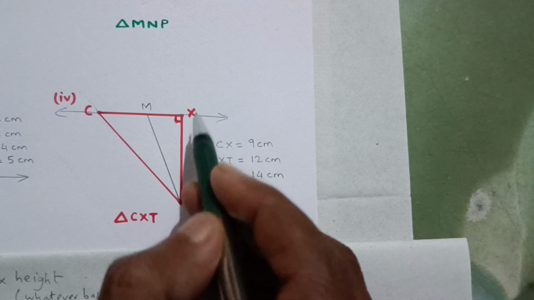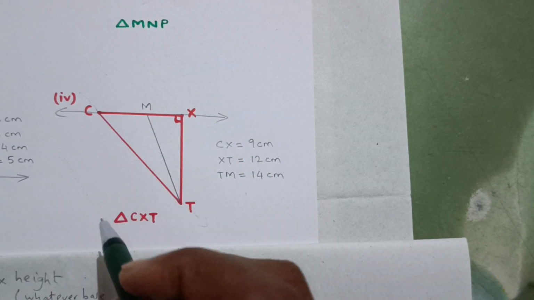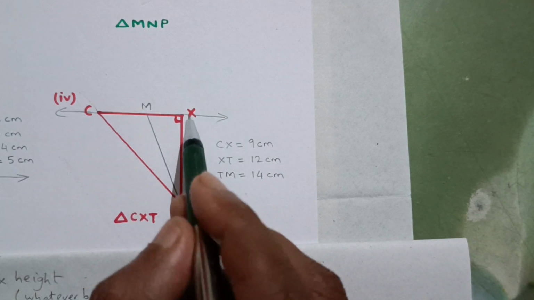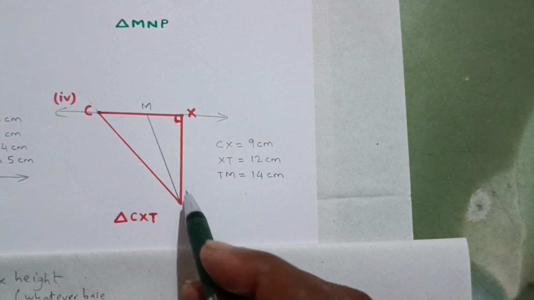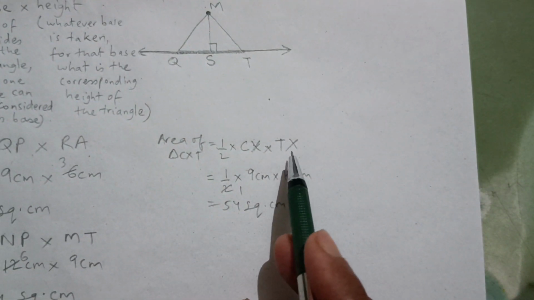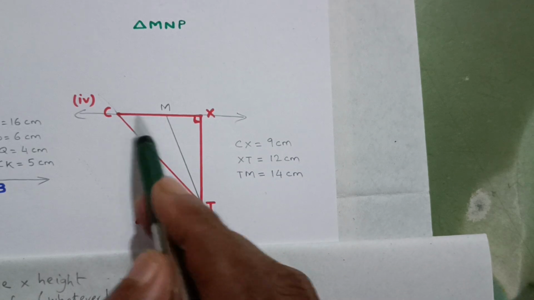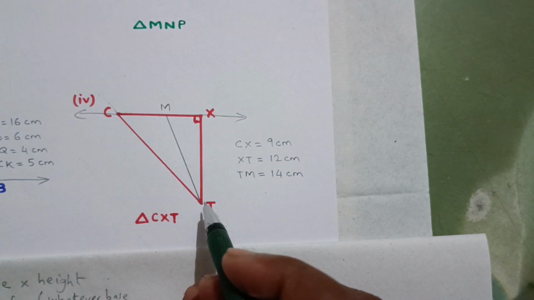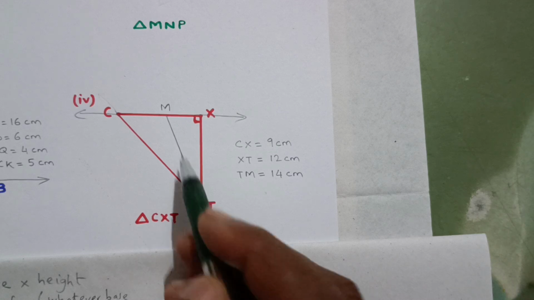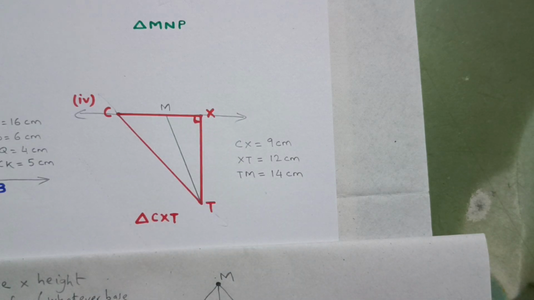Tm is not perpendicular to Cx. So Tm is not the corresponding height for the base Cx. So here you can't write Tm, because Tm doesn't meet Cx at 90 degrees.